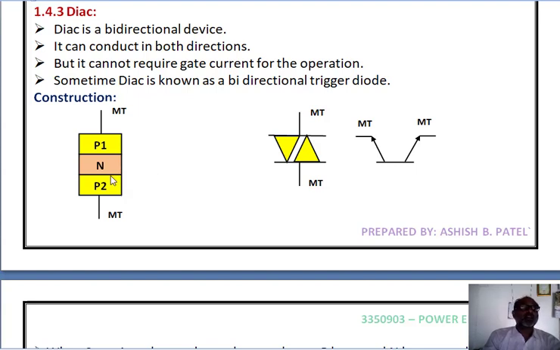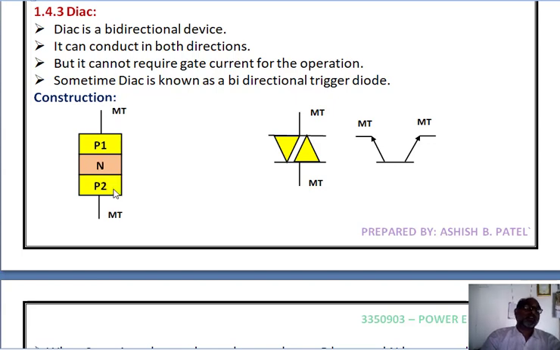Avalanche occurs at junction J2, between P2 and N, when the applied voltage to the diode is greater than its breakover voltage. Due to this, the whole structure comes into conduction mode and the current flows from terminal MT1 to MT2, or from T1 to T2, from the upper terminal to the lower terminal.